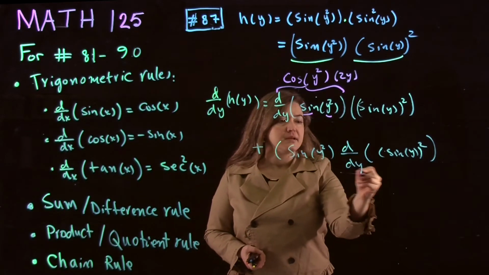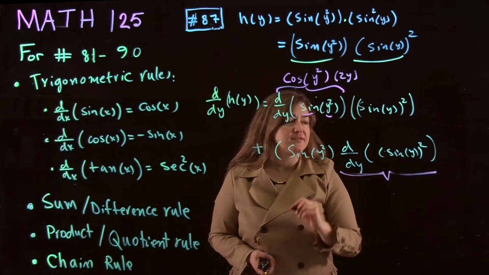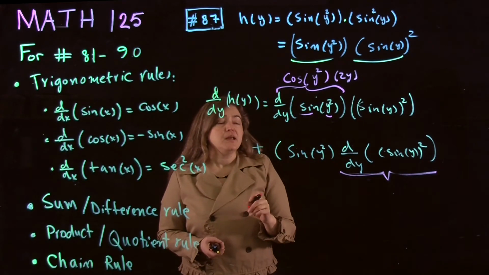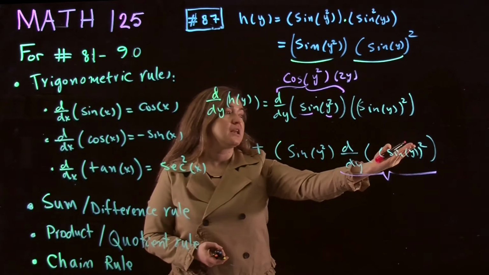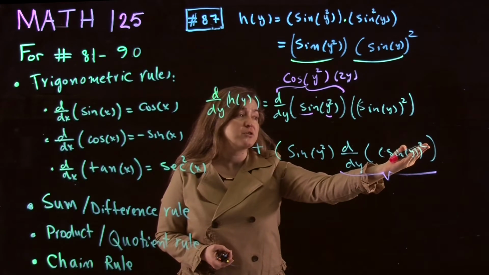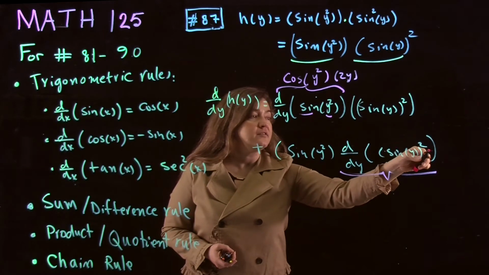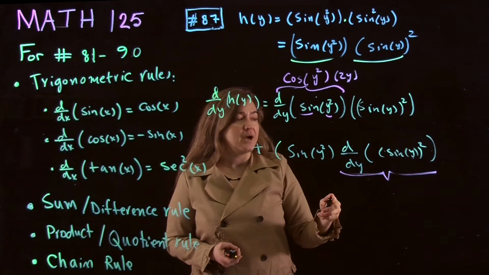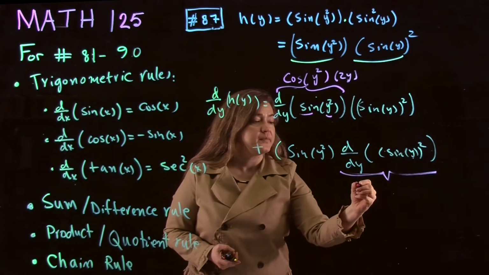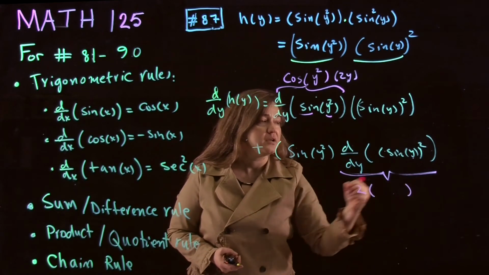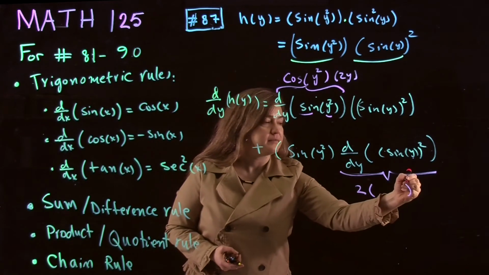Next step is replacing the derivative of the second factor. Again, another chain rule. The outside function is to power 2. The inside function is sine of y. A power rule, a generalized power rule. 2 to power 1 less.